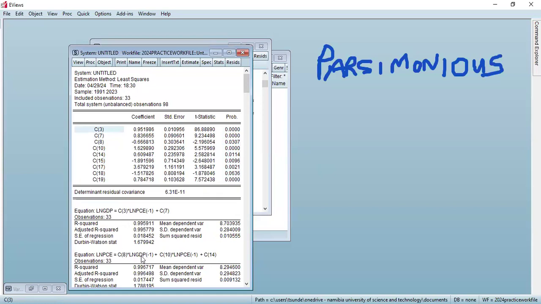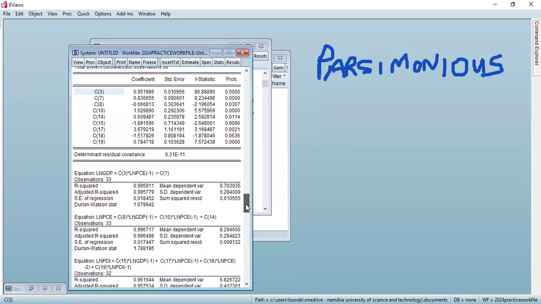In the second equation, we are testing whether GDP Granger causes PCE, because we are not interested in PCE Granger causing itself. Then in the last equation, we are interested in knowing whether GDP Granger causes PDI or PCE Granger causes PDI, and we are not interested in PDI Granger causing itself. I'm sure you still remember.